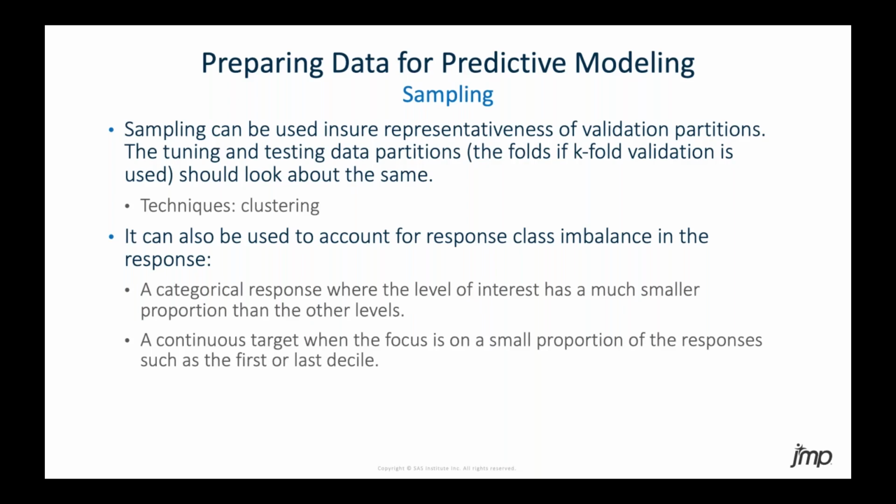So rather than focusing on the entire set of donors, I might want to focus only on that top decile or the top 2 deciles. So again, that would cause class imbalance, though, and I would need to take that into consideration.